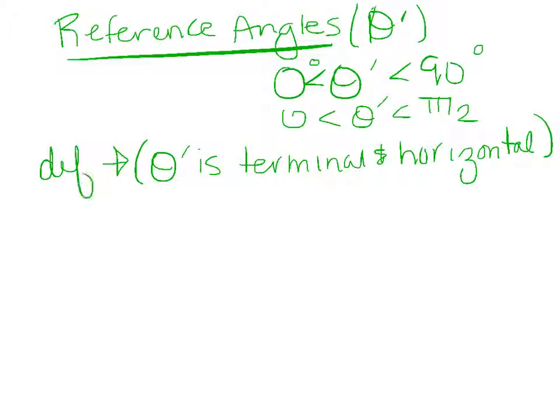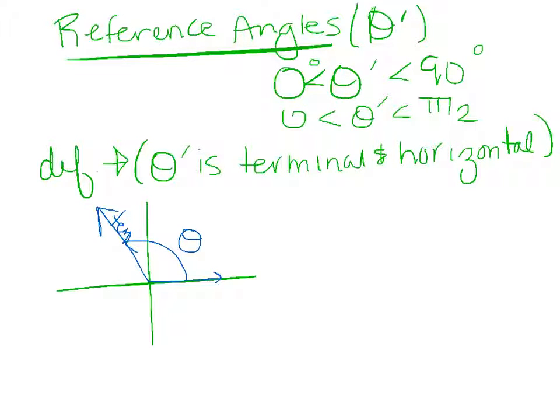If we have a second quadrant angle, maybe we're somewhere here, and this is my angle theta. This is the terminal side. This was the initial side. So theta prime is going to be between that terminal side and the nearest horizontal, which is here at pi. So right here, this angle theta prime is this much.